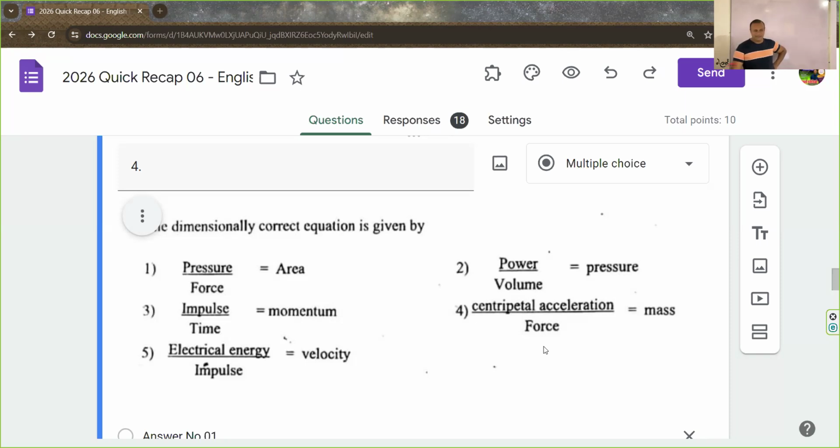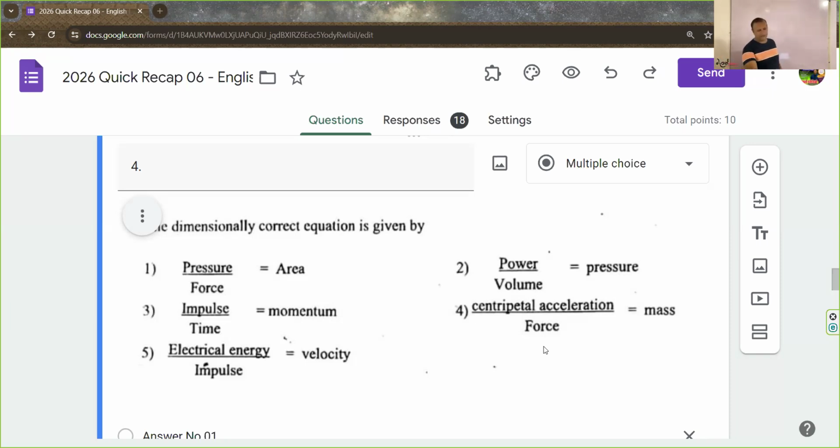Then the impulse. You know impulse is equal to momentum. Momentum and impulse are two physical quantities that are the same with different names. Maybe you do not remember that yet, but after you do mechanics, you will. Until then you have to memorize it.